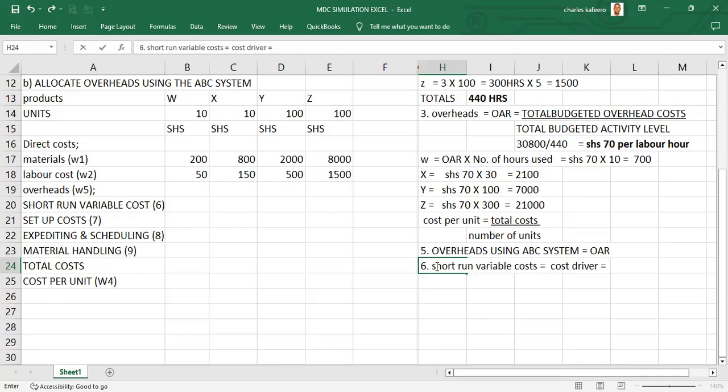The only variable costs that we have are material and direct labor. But when you have just started working, the only thing you are going to be using is labor, because these are short term. The only thing you need is the labor, or the workers, or the employees. If they had given the number of employees, it would have been on that. But the short-term variable costs are going to be as per the labor hours. So our cost driver is going to be labor hours.